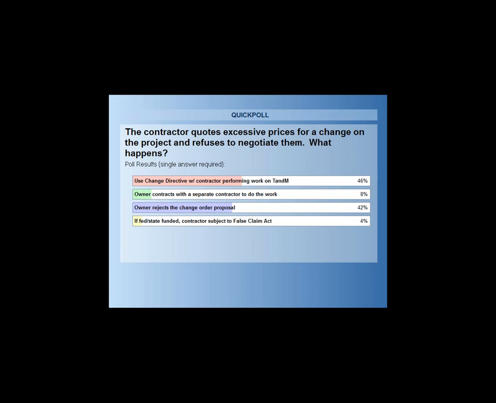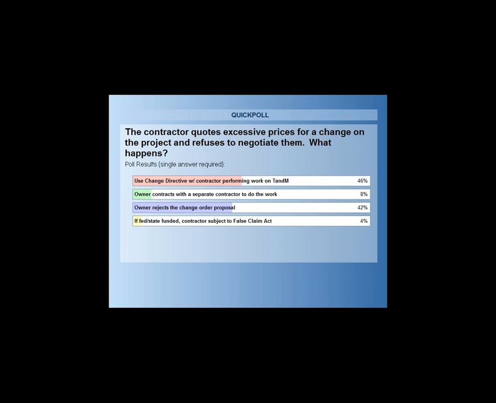The last item I added in here, I'm not sure if a lot of people in North Carolina are aware. I think most folks are aware of the Federal False Claims Act, where if there are federal funds involved and someone submits a claim that's false, whether it's a change proposal request or a pay app that's asking for more money than they're due, or any number of things, if you're asking for payment or monies that you are not entitled to, you are violating that Federal False Claims Act and are subject to 3 times the damages as well as attorney's fees.